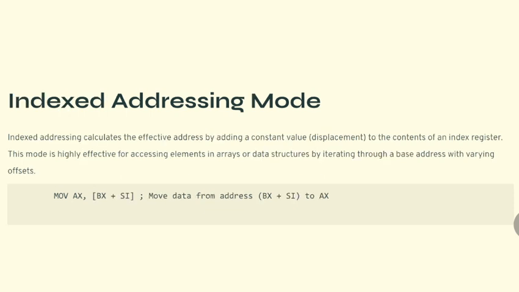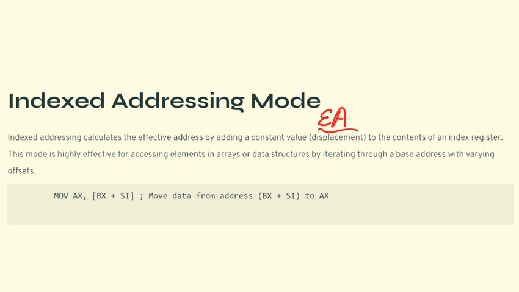Then next we have index addressing mode. Here we need to calculate the memory effective address. In the addressing modes from now on, we need to calculate the effective address. How?